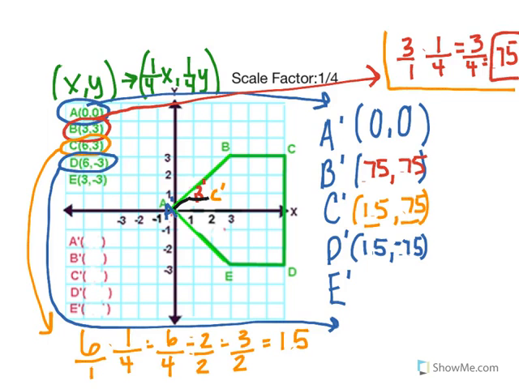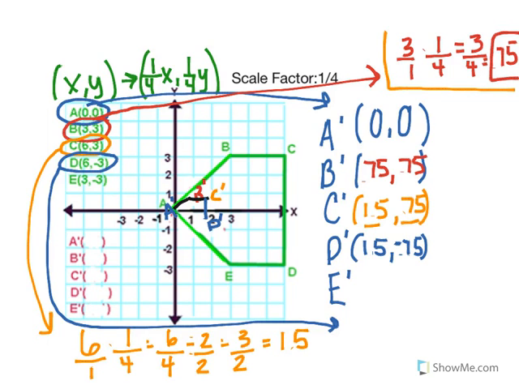But this one is negative, because that was what the y value was. So now we're going to plot D. To plot D, you go over on the x-axis to 1.5, but then instead of going up 0.75, you're going to go down because it's negative. So D prime should go right here. And notice again, whenever I'm plotting these, I'm putting the prime symbol so that you can tell what my original figure is and then what my new image is because of the prime symbol.